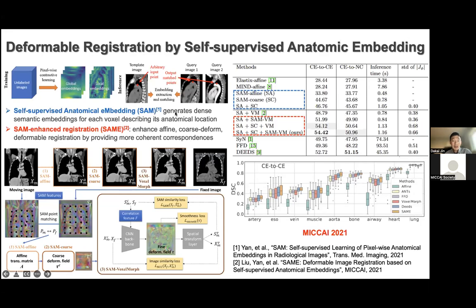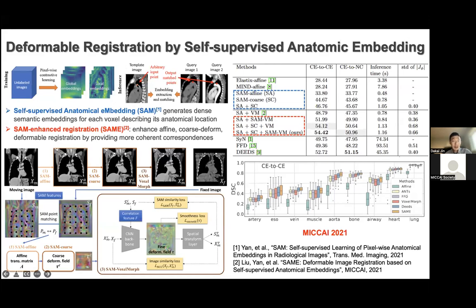So the SAM can generate dense semantic embeddings for each voxel. These embeddings describe its anatomic location. This is a completely self-supervised approach, and it can provide the semantic correspondence for each voxel between different images.